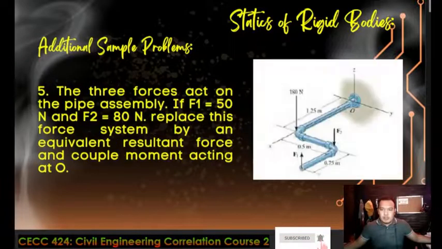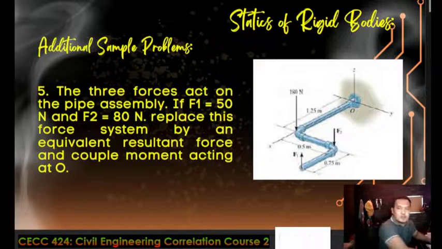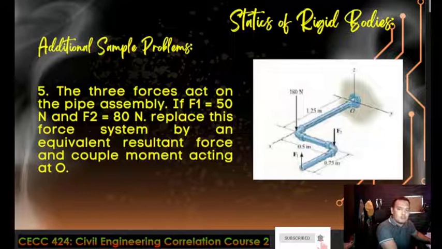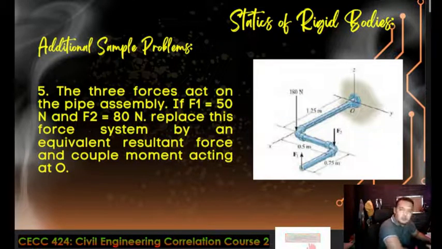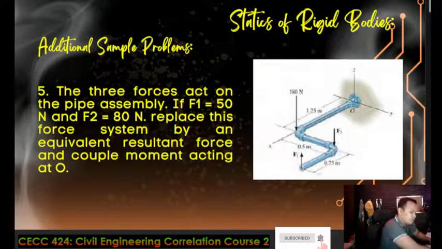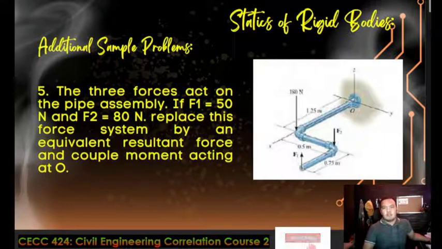Next problem tayo. So, the three forces act on the pipe assembly. If F1 is equivalent kay 50 Newton and F2 is equivalent kay 80 Newton, replace this force system by an equivalent resultant force and couple moment acting at O. Okay, so pagsamahin lang natin yung mga forces, makakuha na tayo ng resultant. Then, pag moment tayo sa O, makakuha na rin tayo ng couple moment.